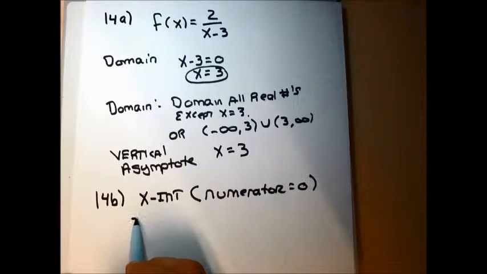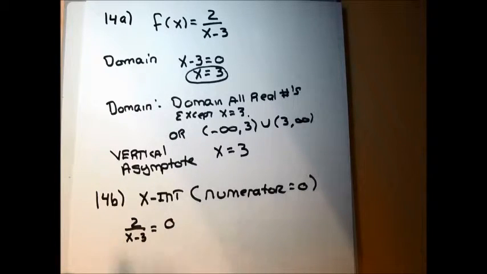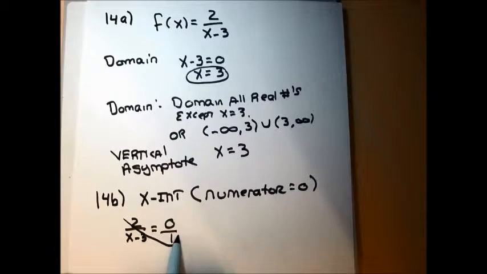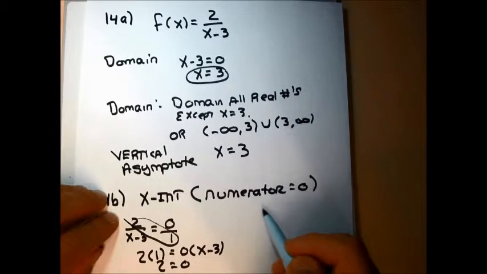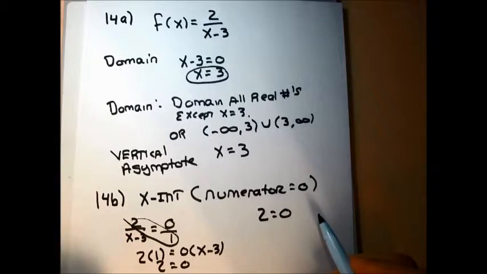If you set the whole equation equal to 0, you can cross multiply by making this 0 over 1. And when you cross multiply, you'd get 2 times 1 equals 0 times x minus 3, which would give me 2 equal to 0. And that's the same as just setting the numerator equal to 0.